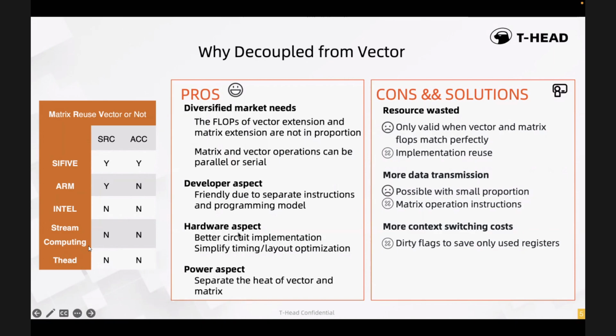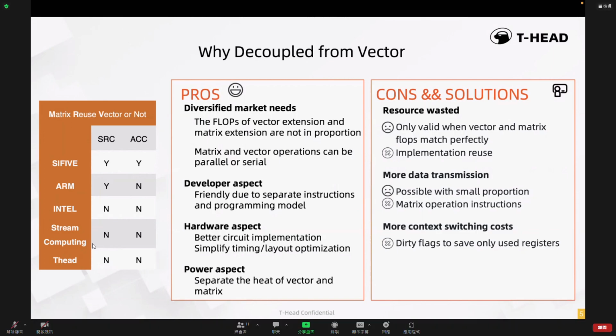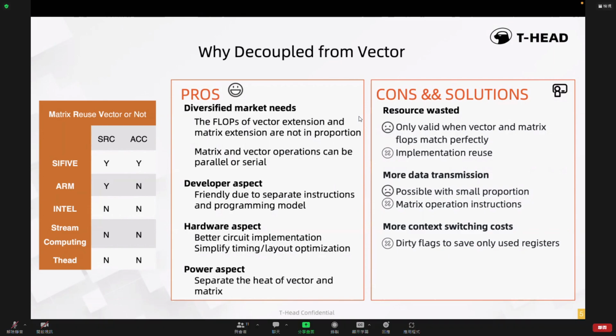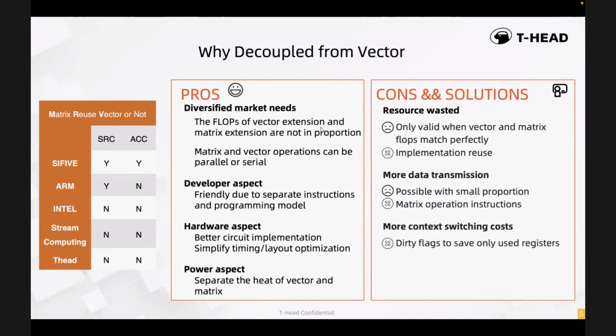And from the hardware aspect, a completely separate programming model is beneficial to better circuit implementation and simplifies the process of timing or layout optimization. From a power aspect, both vector and matrix extensions generate a lot of power consumption. Decoupling from vector can separate the heat of vector and matrix. Independent matrix architecture makes the thermal design of the chip easier.